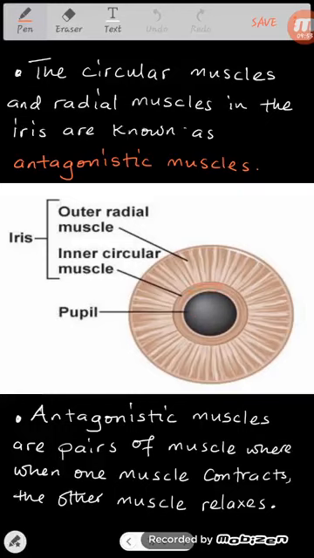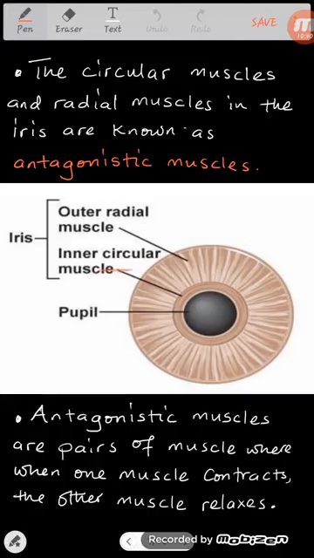Okay? These muscles are saccular in nature. They are round. That is why they are called saccular muscles. So when you are looking at your eye, you must understand that the muscles on the outside are radial muscles, whereas the muscles on the inside are known as the saccular muscles.